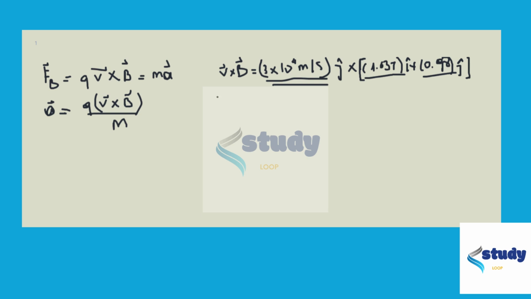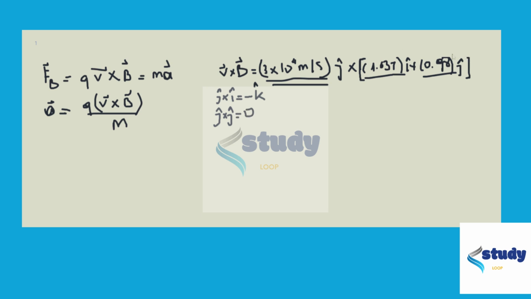As you remember, J hat cross I hat, which is the first term, gives you negative K hat. And for the second term, you have J hat cross J hat. As you know, J hat cross J hat is going to give you 0.